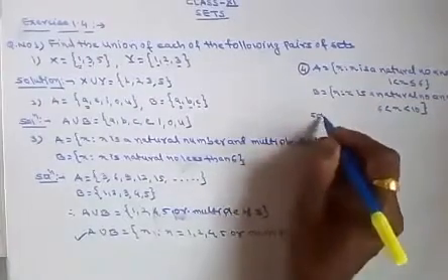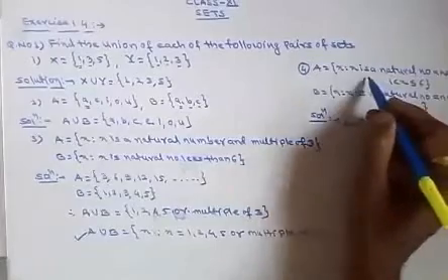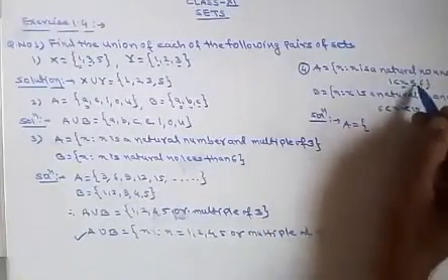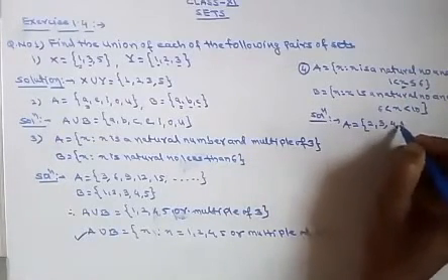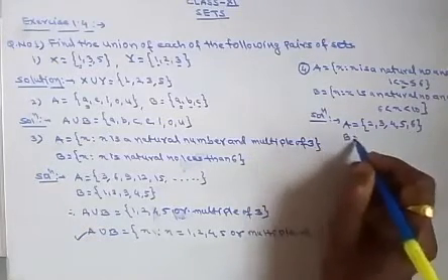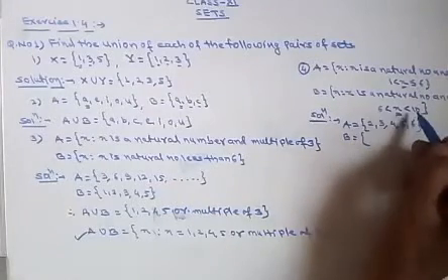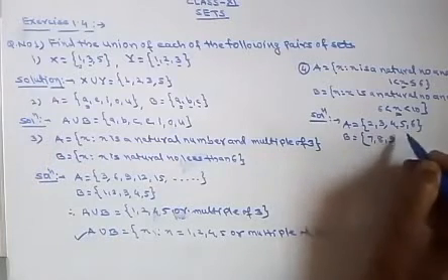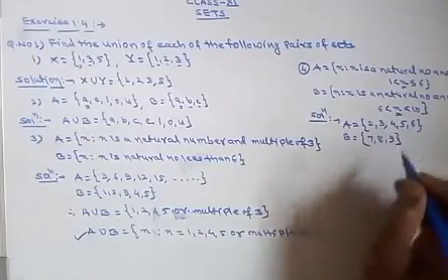Okay, so solution here: set A is x is a natural number and x is greater than 1 and up to 6. Greater than 1 means 2, 3, 4, 5, and equal to 6 also, so 6. And B is x is a natural number, greater than 6 and less than 10: 7, 8, 9. 10 will not be included because it should be less than 10.